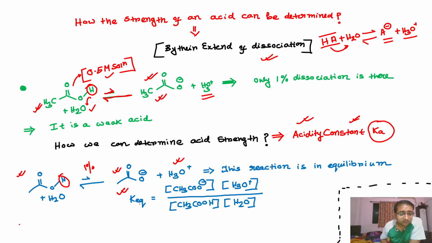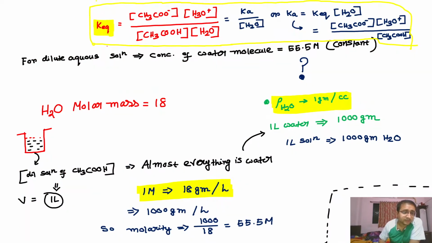Its value depends upon the concentrations of the product species as well as the reactant species. K equilibrium is equal to the concentration of acetate anion times the concentration of hydronium ion, divided by the concentration of the undissociated acetic acid and the concentration of water molecule. This is the equation for the equilibrium constant.